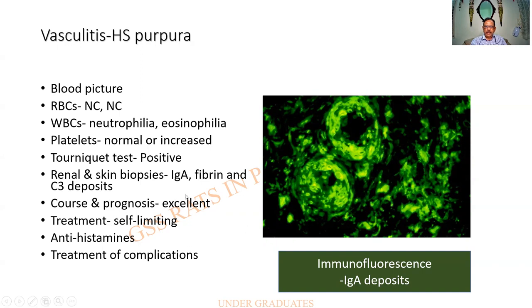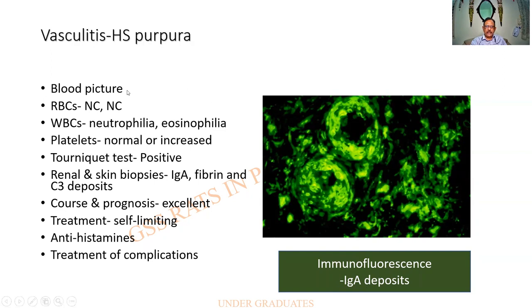It can happen in renal biopsies, skin biopsies, or in small vessels elsewhere. There can be a deposition of antigen-antibody complexes which lead to a series of reactions which is called vasculitis. And that is what we are seeing over here due to the deposition of IgA in this case.